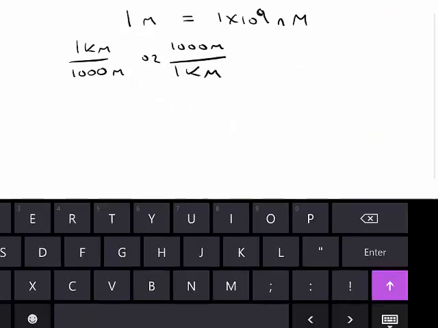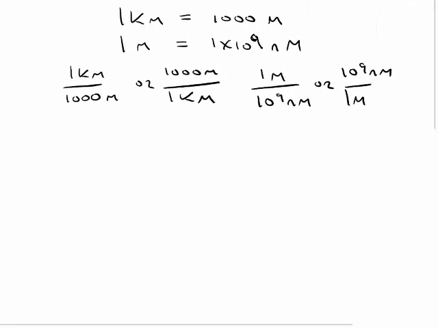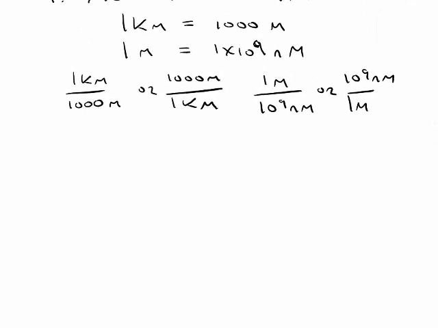From the second statement, I know that 1 meter is equivalent to 10 to the 9th nanometers, or 10 to the 9th nanometers is equivalent to 1 meter. So now I have all of the conversion factors that I need to convert 9.0 times 10 to the negative 10 kilometers. Using dimensional analysis, I'll start off with the 9.0 times 10 to the negative 10 kilometers.